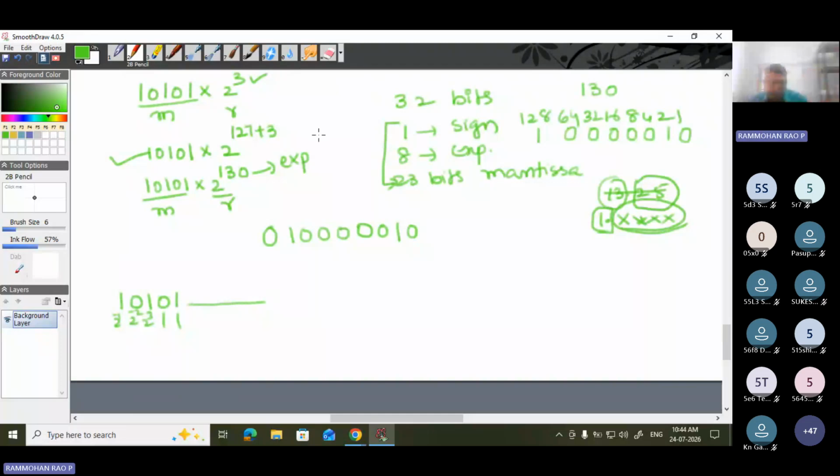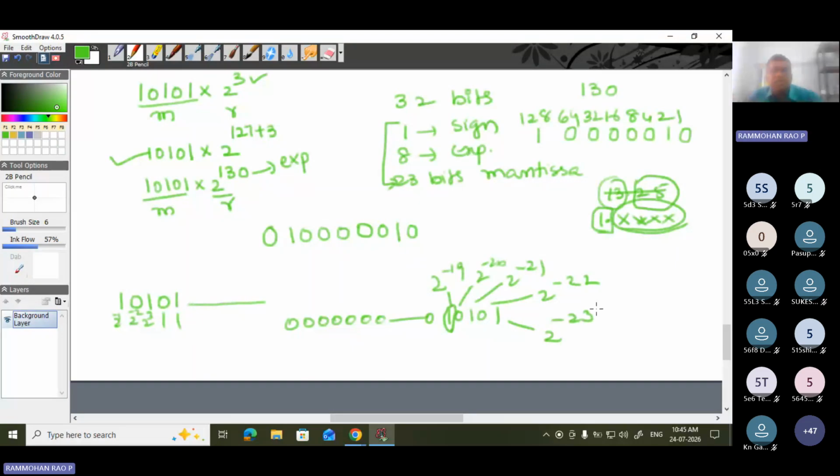Suppose I put 18 zeros before instead. Imagine these are 18 zeros, and now I write 10101. Then what is the exponent? It is 2 power minus 19, minus 20, minus 21, minus 22, and minus 23.